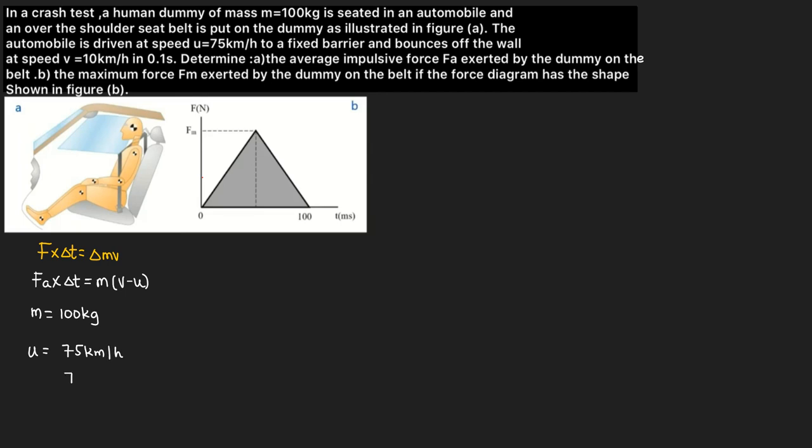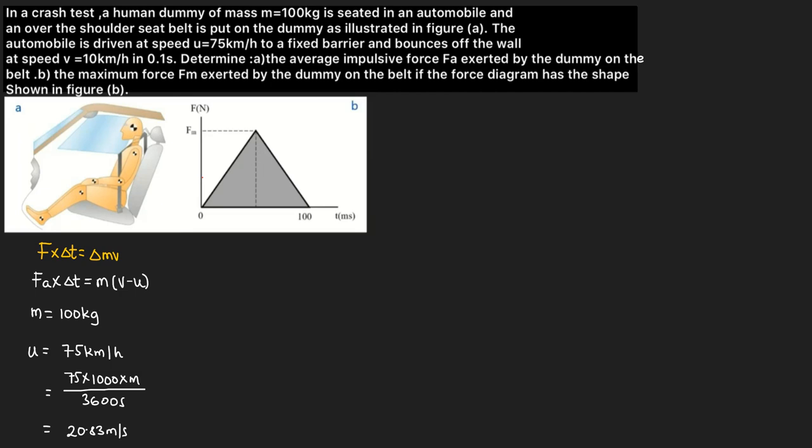So we are going to have 75 times 1000 meters divided by changing 1 hour to seconds, which gives us 3600 seconds. When we simplify this, we have the initial velocity to be 20.83 meters per second.